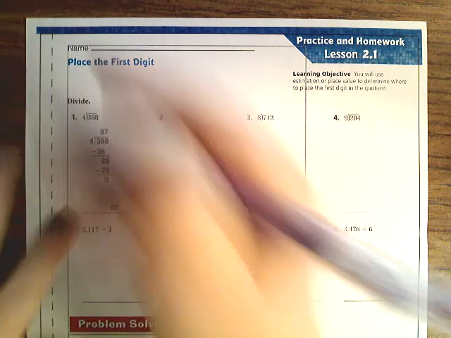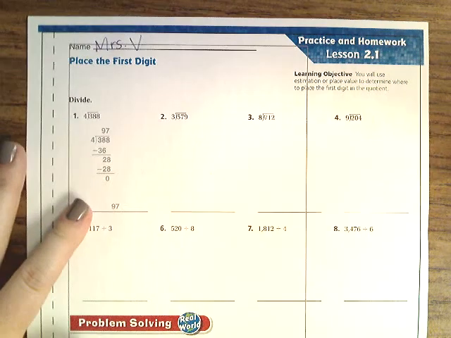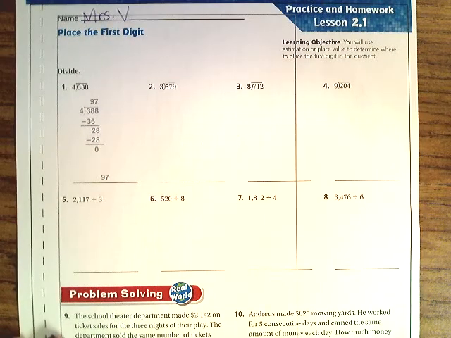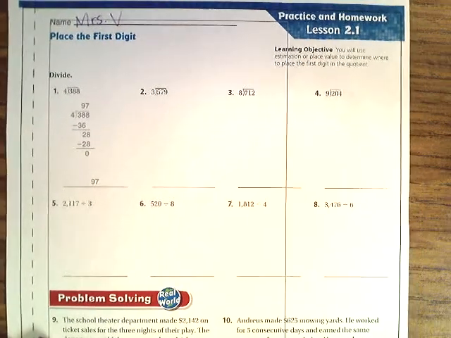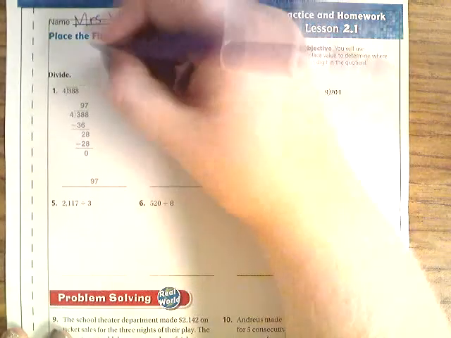I want you to start by putting your name. And you're going to circle the problems that I'm going to have you work through. Don't forget after you work through these problems on page 91 and 92 to fill in the Google Sheets or the Google Forms document with your answers. So you're going to do number 2.